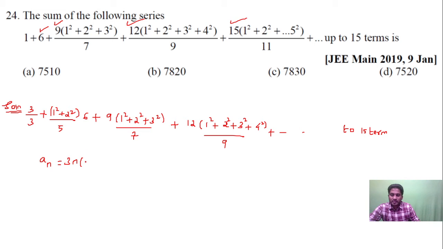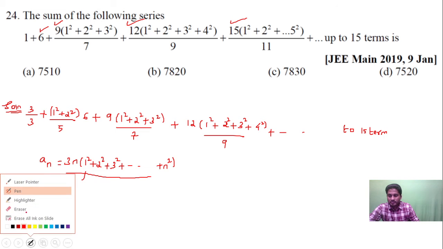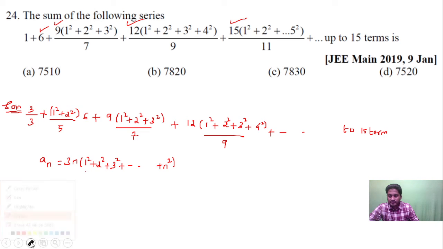Now the first term is 1, the second term is 1 square plus 2 square, the third term is 1 square plus 2 square plus 3 square. The nth term will be 1 square to n square. The denominator's first term is 3, second term is 6, 9, 12 and so on. All are multiples of 3, so this means this is 3n.